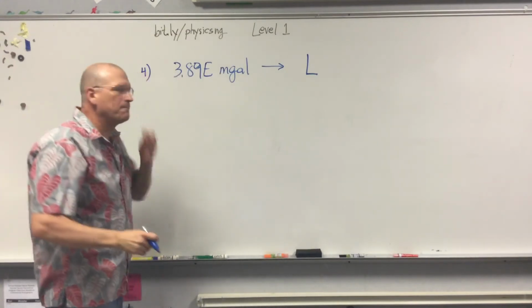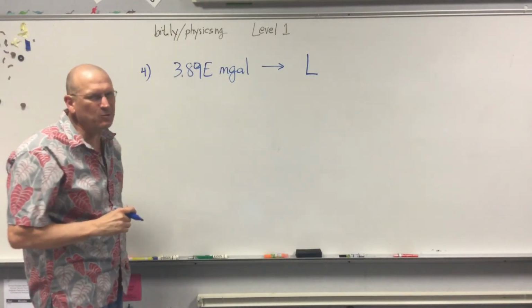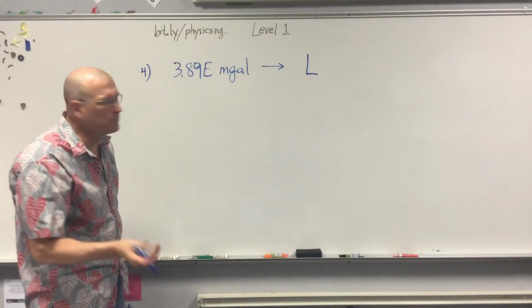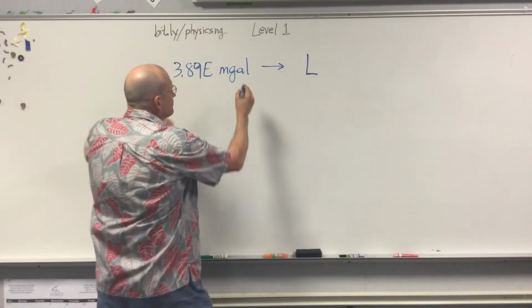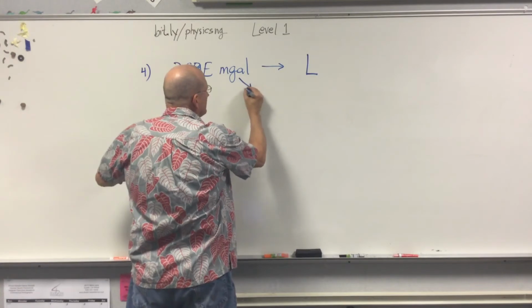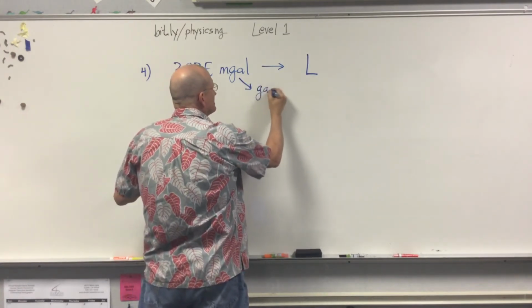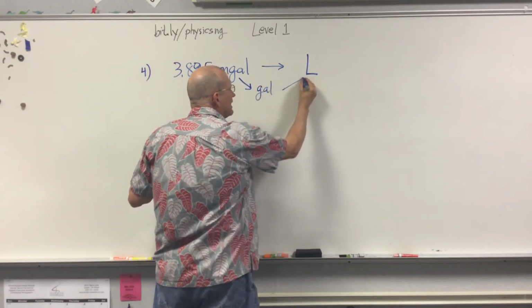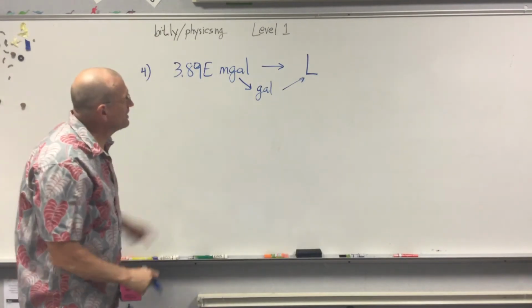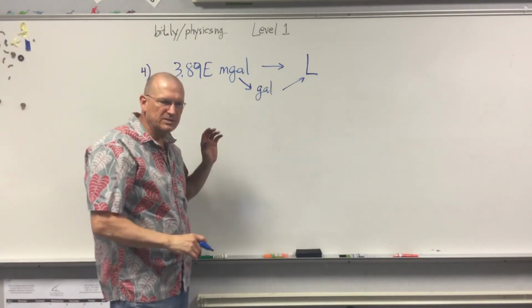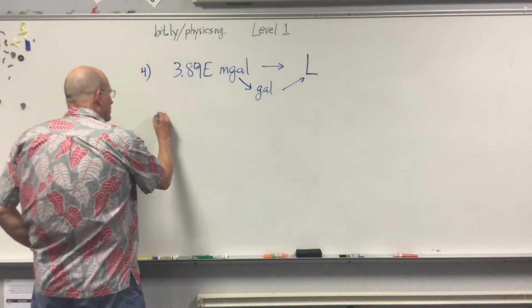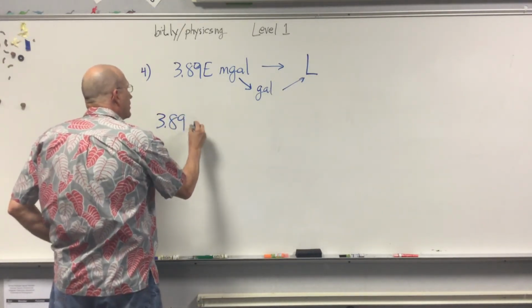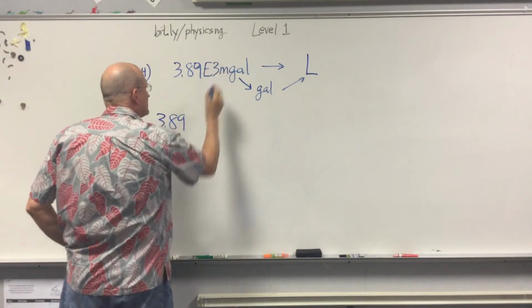Now this one's going to be a little bit quicker, and some of them will be pretty short, because here all we need to do is get to gallon, and then we can go to liter. So instead of having 3 steps like we did last problem, this one's only going to require 2. So we start with our, sorry, that's E3.